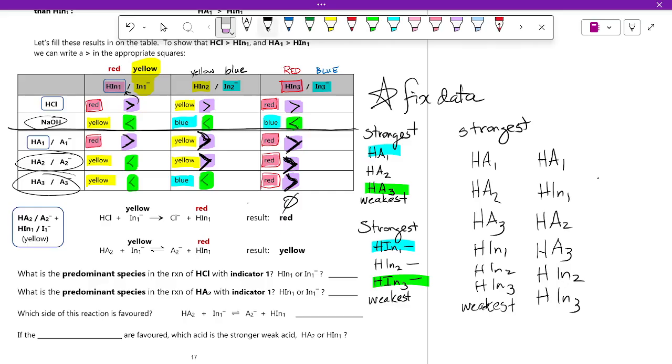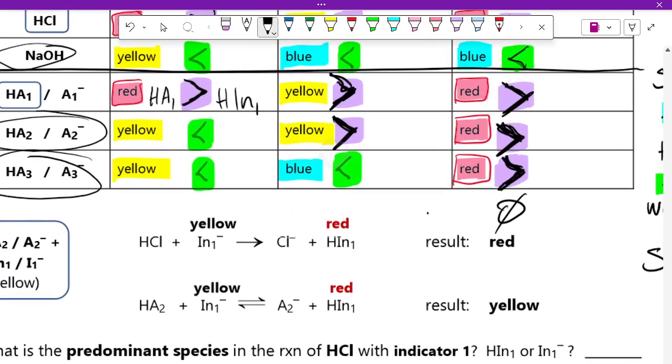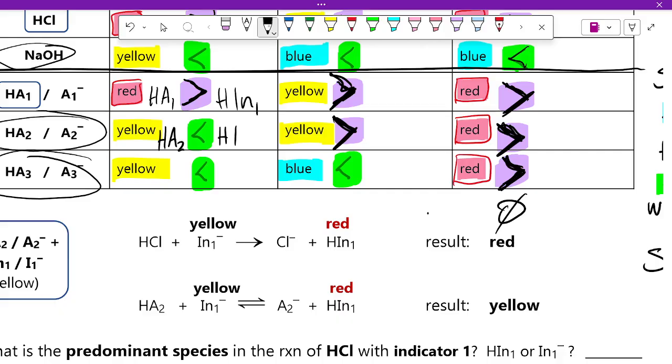If it helps, you can put HA1, HIN1. That tells you HA1 is stronger than HIN1. HA2 is weaker than HIN1.